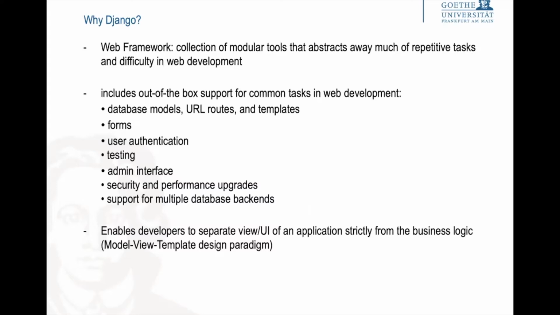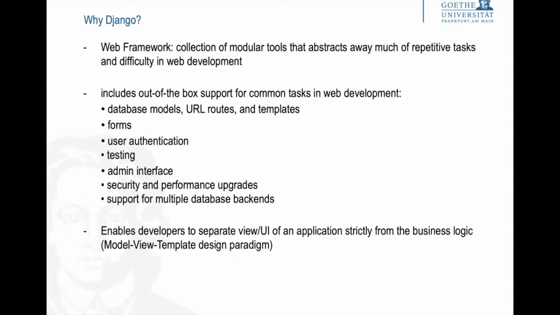So in order to not start at ground zero for every web application that you want to develop, and think about stuff like how to implement URL routing. This functionality is basically provided by the web framework, and you can directly start with implementing your logic or business logic. And this is really what the web framework serves for.